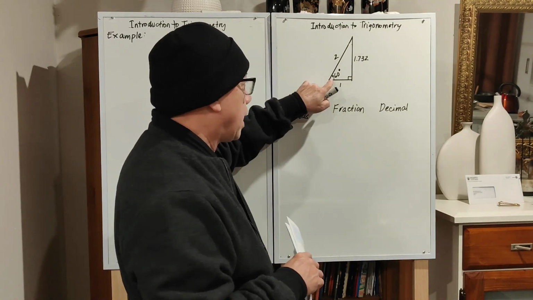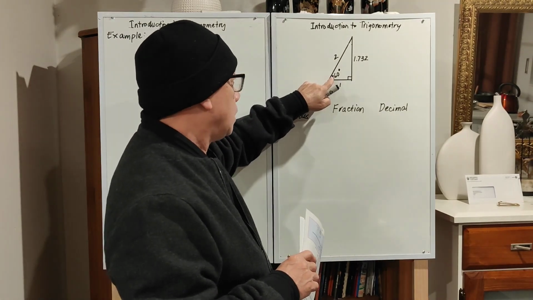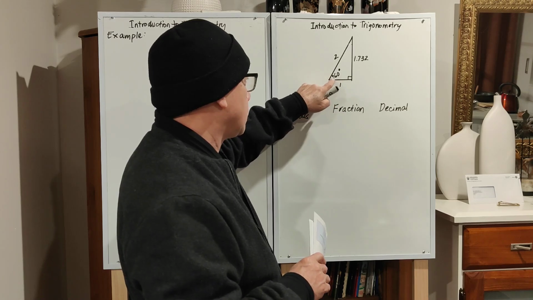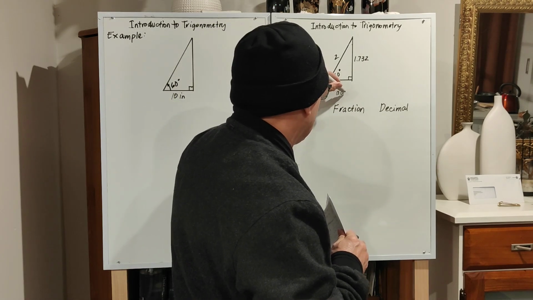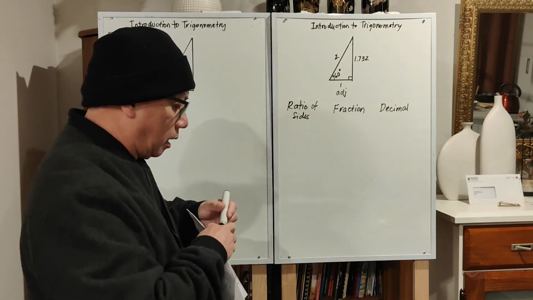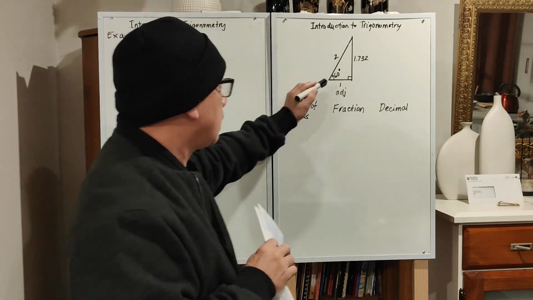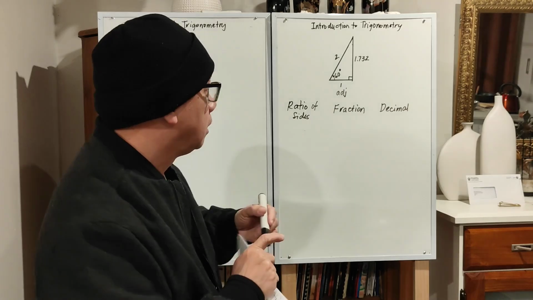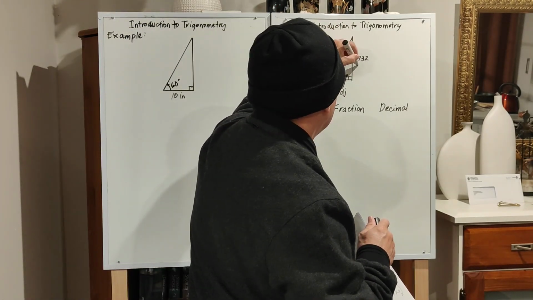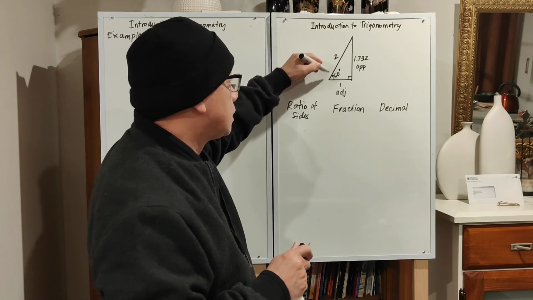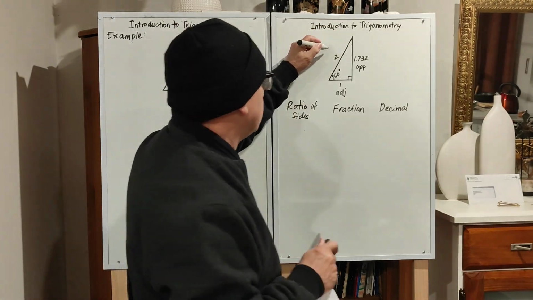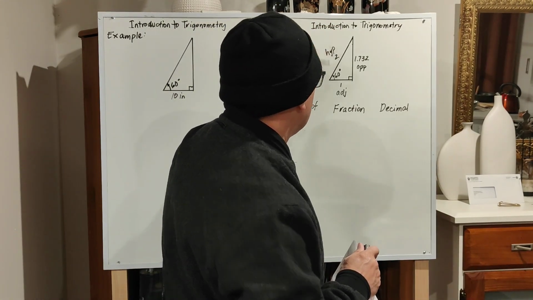So if this is your angle, the side which is adjacent to your angle is called adjacent. Now the side opposite your angle, we call opposite. Now the hypotenuse is always the longest side, so we call it the hypotenuse.